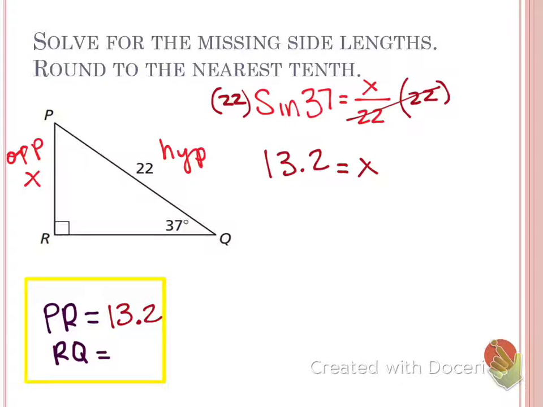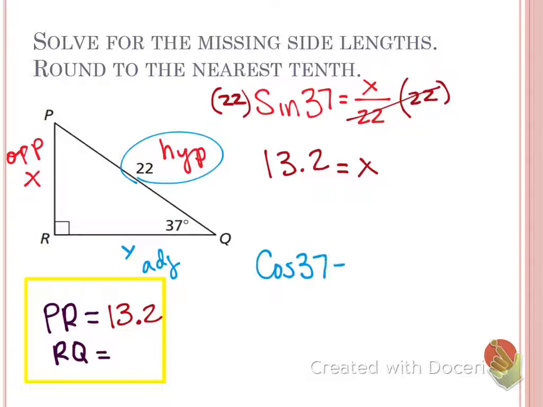We still want to find the length of RQ. I would not call it the same letter, just so you don't get confused. I'm going to call it Y. You can call it whatever you want. But what kind of side is RQ? Adjacent. And then you still want to use the hypotenuse because you know that it's 22. It's not rounded. You know, we didn't find it. So which trig ratio are we going to use to find RQ? Cosine.